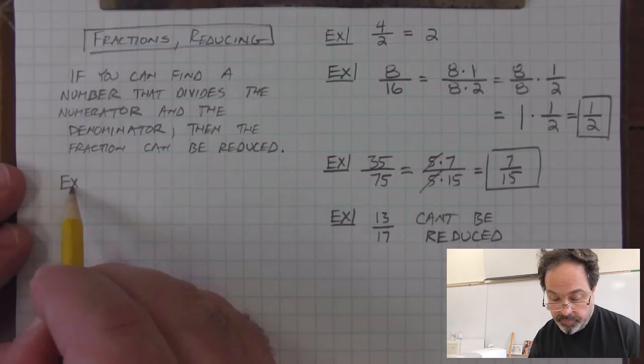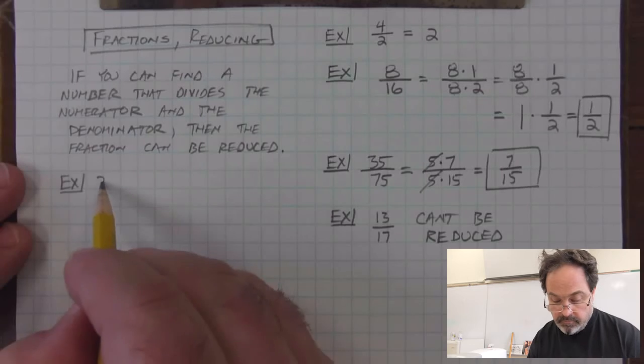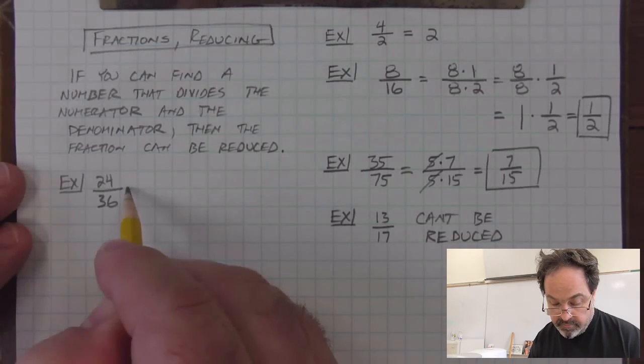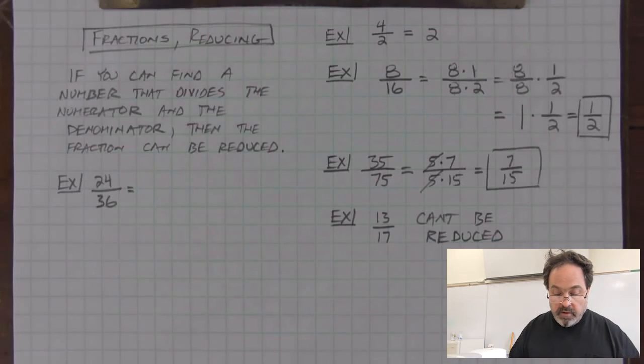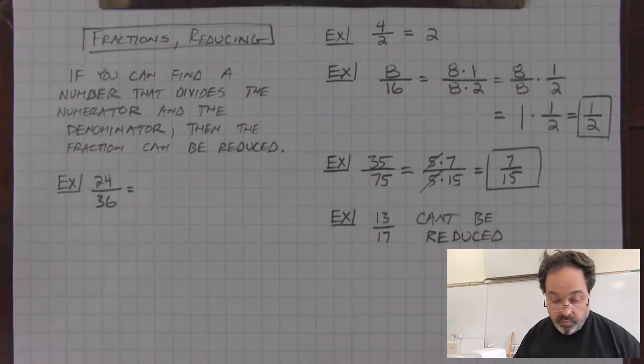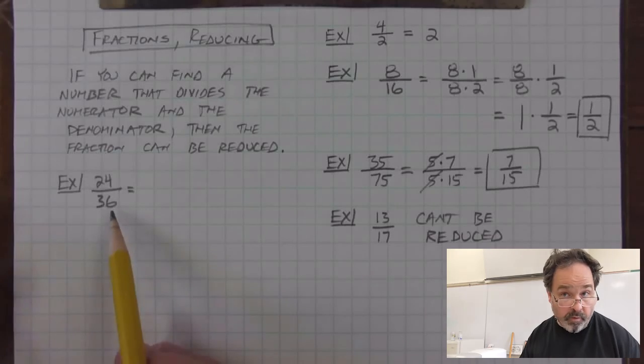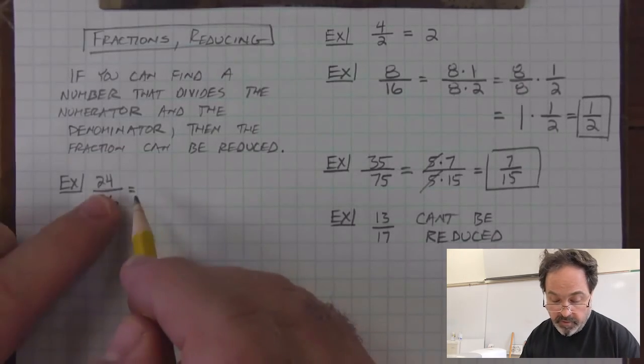Let's see another example. 24 over 36. I'm looking for numbers that divide both 24 and 36, and there are many of them. Doesn't matter which one I choose. I could start with one that I think of immediately, like 4. 4 divides 24.